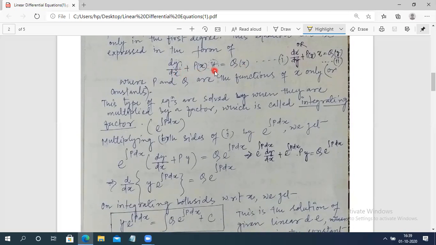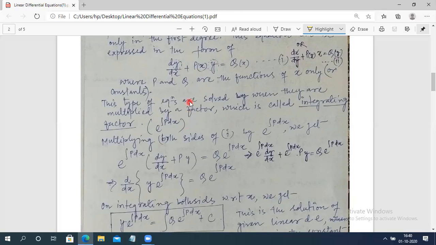Now see, if the given equation is of the form dy/dx + p y = q, then how will we solve this type of linear differential equation? We will solve it by multiplying the equation by a factor known as the integrating factor.